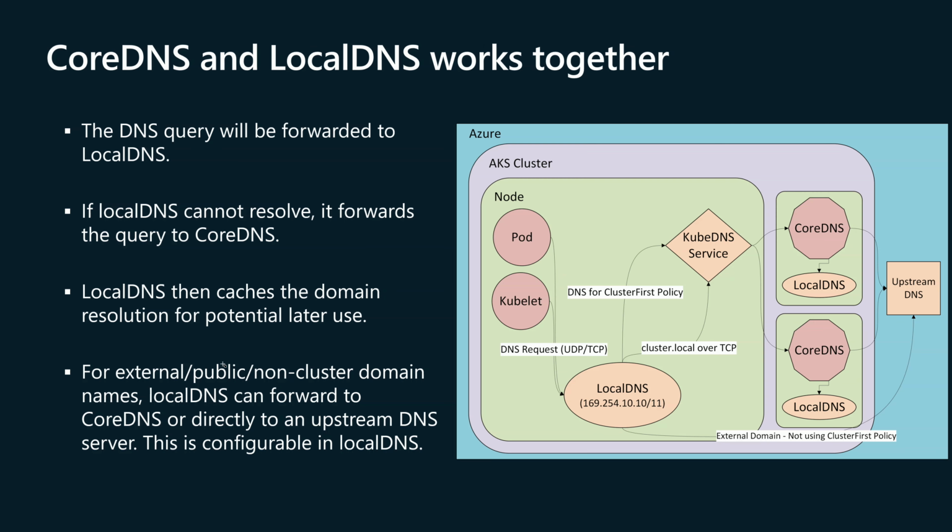Then the pod will get that resolution. So here for public DNS names, the local DNS actually has two options for resolving those public domain names. Either it relies on CoreDNS, or you can change that behavior by a policy where local DNS can in its turn go directly to the upstream DNS.